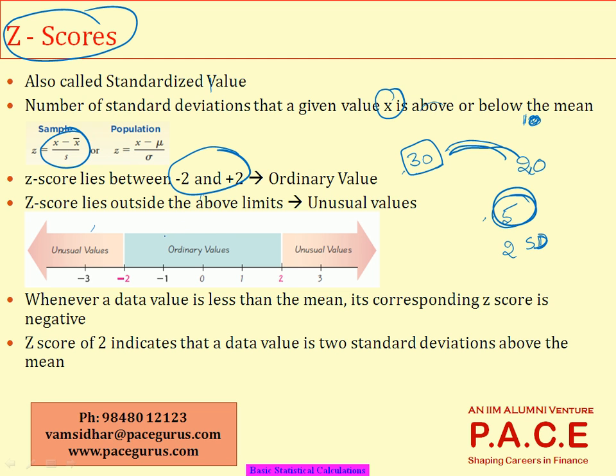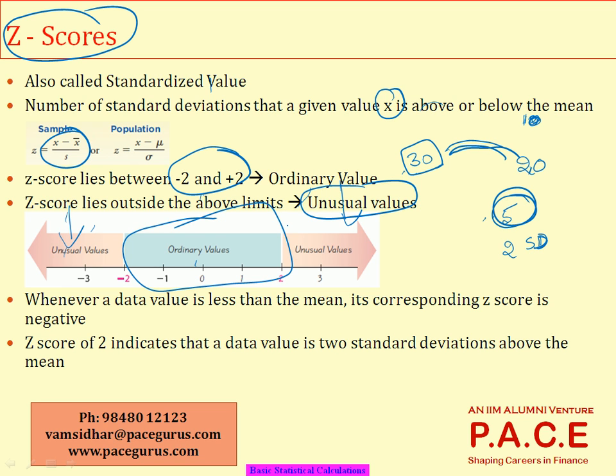But if for any specific value the z-score is beyond these limits, we say it's an unusual value or an outlier kind of value. So z-scores really help us in deciding what are ordinary or acceptable values and which of them are unusual. Any z-score below -2 or above +2 will fall into unusual or unacceptable values.